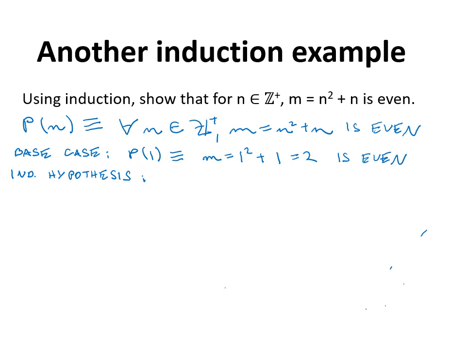Which in this case will be, we will assume that P of n minus 1 is true.